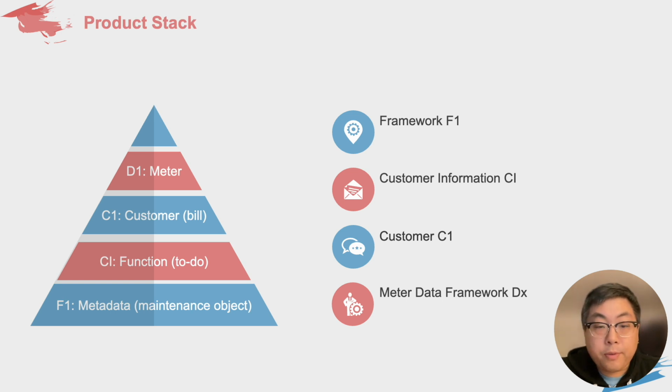So these are the tables for the customer, and you can argue whether C1 and D1 sit in a parallel layer, because potentially you can treat them as separate products. But in the diagram I put D1 above CCB because actually MDM uses a lot of functionality of the framework, and some of them are related to CCB tables.